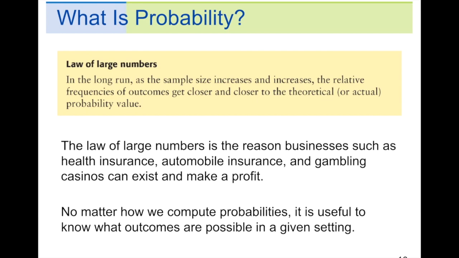So for example, say you flip a coin 10 times. As you know, you'll have a 0.5, 50% chance of getting heads or tails each time you flip. But if you flip it 10 times, it might not necessarily come out to a 50-50 split. It might be more like 6 or 4 or 7 or 3.